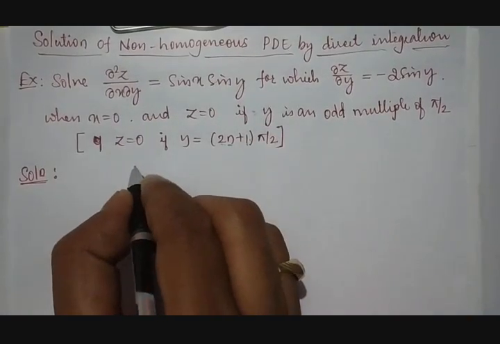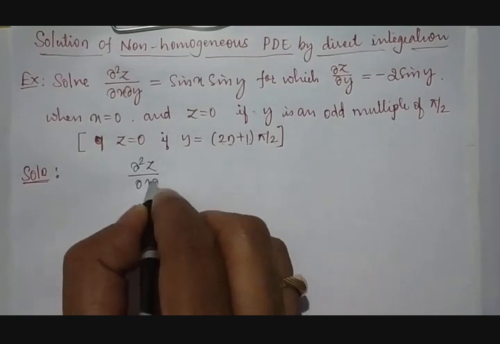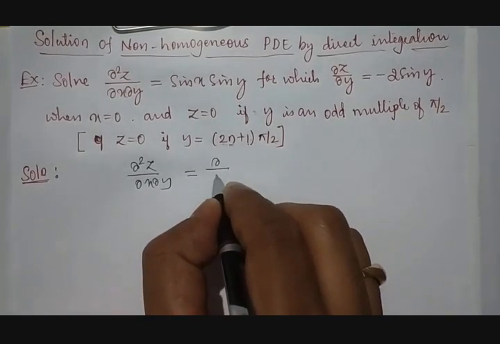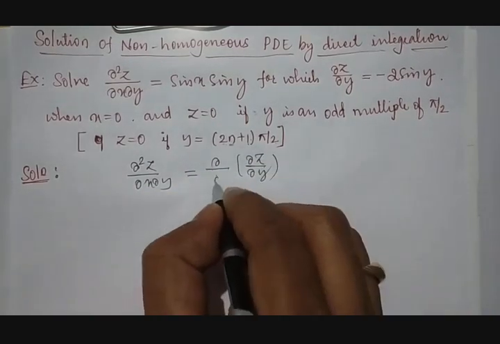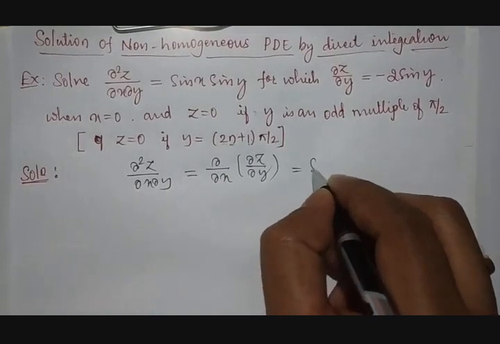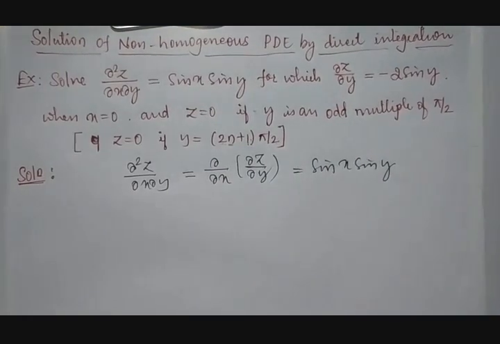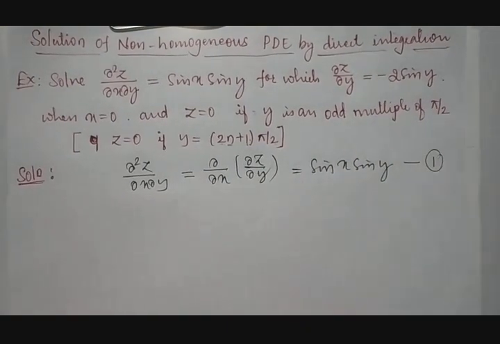Therefore first I'll write down the given example. ∂²z/∂x∂y can be written as ∂/∂x of ∂z/∂y, which is nothing but sin x sin y. We'll call it equation number 1.